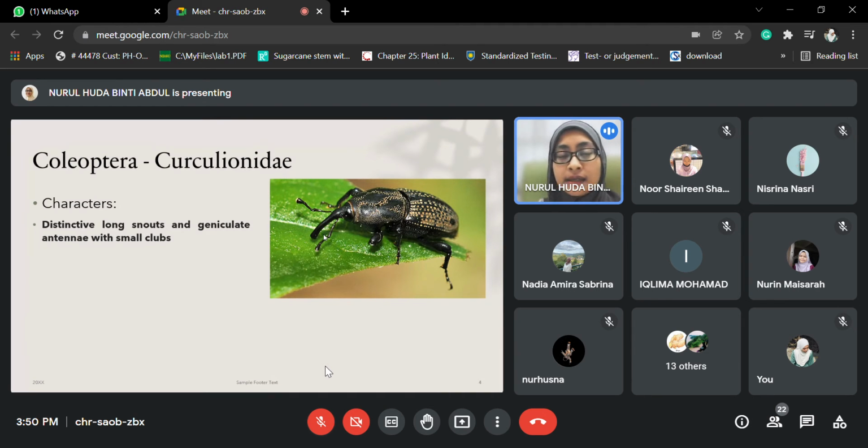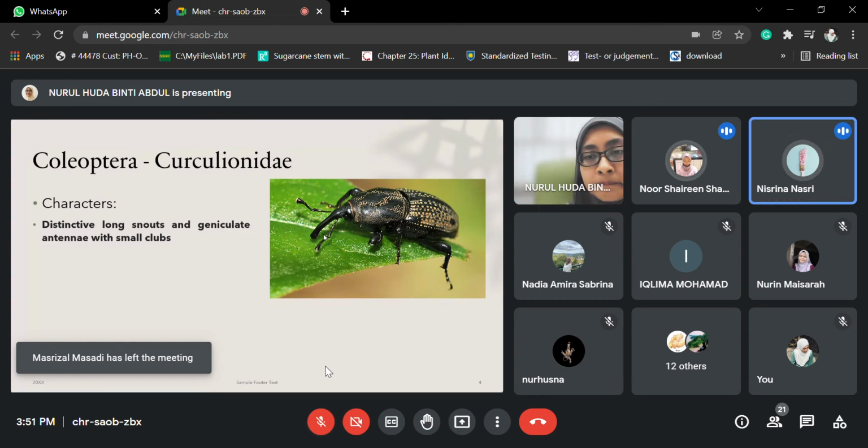But this Curculionid actually feeds on leaf, maybe seed, so it has mouthparts for chewing. Other than that, what other characteristic can you say for this Coleoptera, this Curculionidae?